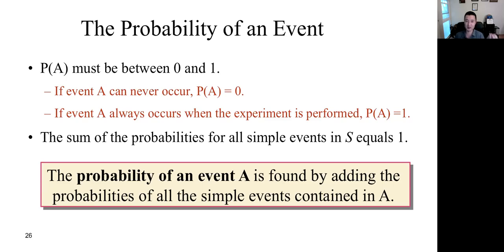The smallest is 0%. The largest possible is 100%. So between 0 and 1 inclusive. If event A can never occur, then P(A) equals 0. If event A always occurs, then P(A) is 1 or 100%.